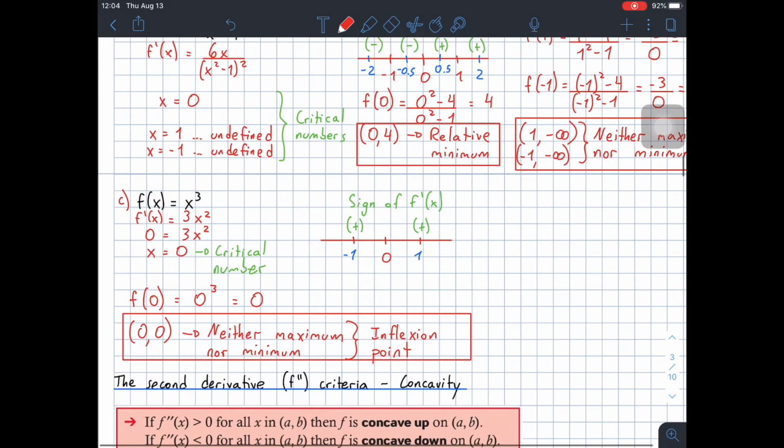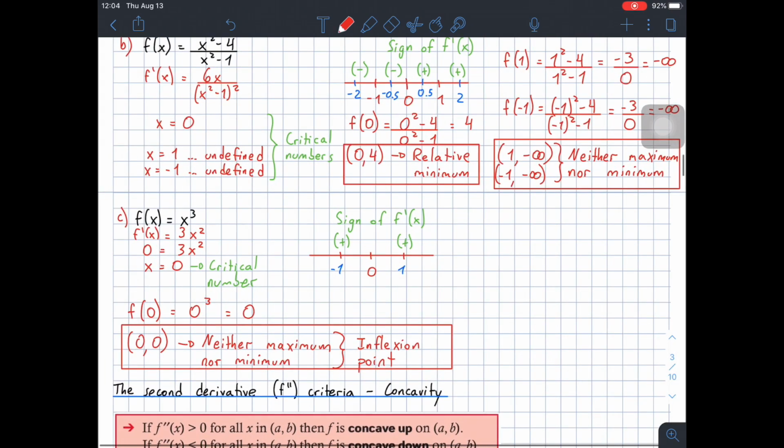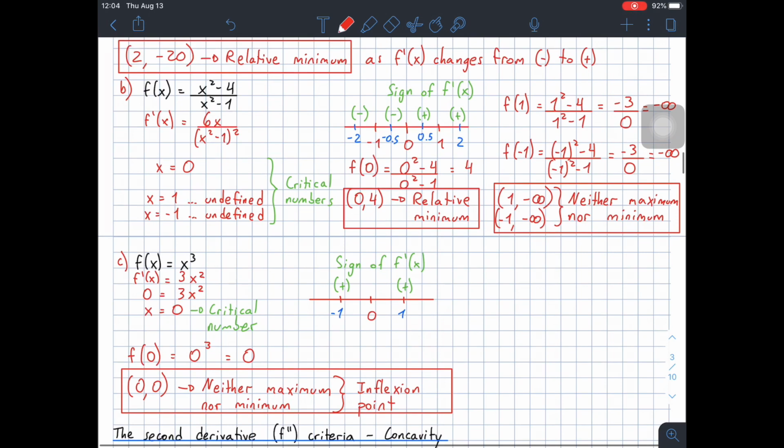So for that reason, I cannot conclude that they are inflection points, as I can do for this, right? Because this is a point 0, 0. We can plot that in the coordinate plane, so we can conclude that in this case we're talking about an inflection point.